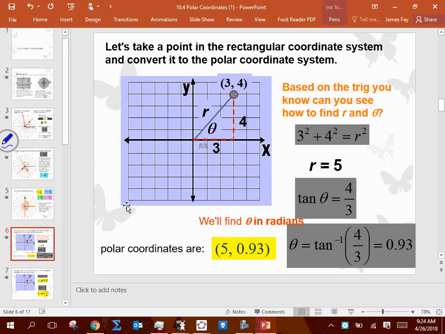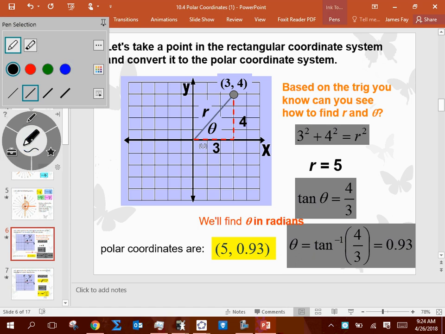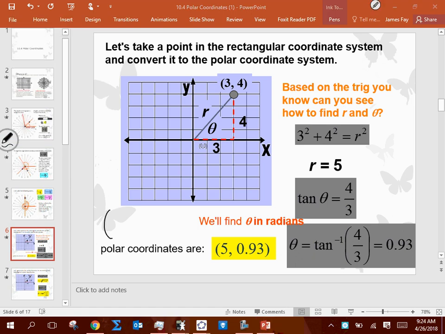All right, it might be beneficial to write your solutions kind of like this, 5. If I write 5, comma, 0.93, it still looks rectangular, right? Looks like an x value and a y value. So it probably makes sense, at least by hand, writing on a test or a quiz or something like that, to put radians in there.